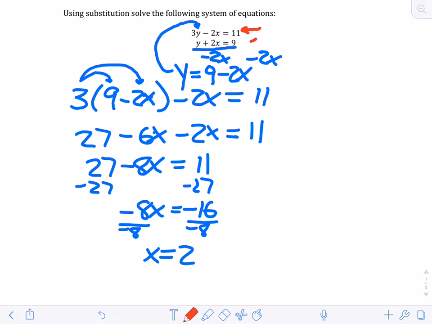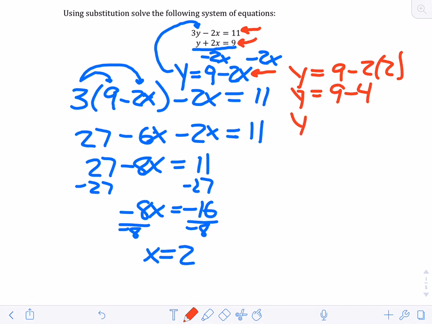Or, since the common theme seems to be that we need to solve for y, why don't we just plug x in where we've already solved for y? So, we'll get y is equal to 9 minus 2 times 2, and y is equal to 9 minus 4, or y is equal to 5.